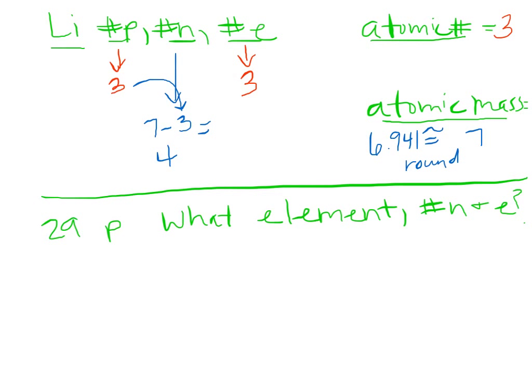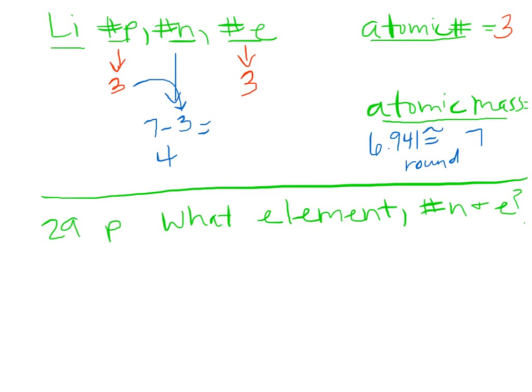From the last slide, I hope you remember that it needed to be a whole number, so I'm going to round this. So 7 here is going to be my mass number. I'm going to take the mass number, minus the number of protons, and this gives me 4 neutrons. So my final answer for this one is that an atom of lithium has 3 protons, 4 neutrons, and 3 electrons.